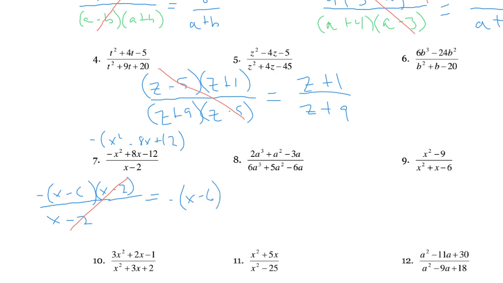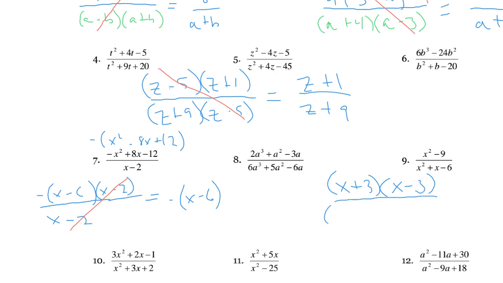Moving over to number 9, we have another difference of squares, x squared minus 9 divided by x squared plus x minus 6. So that's a two-step on the bottom and then a difference of squares on top. So x squared minus 9 turns into x plus and minus. What goes after that? It's the square root of 9, so 3 will go into the back.